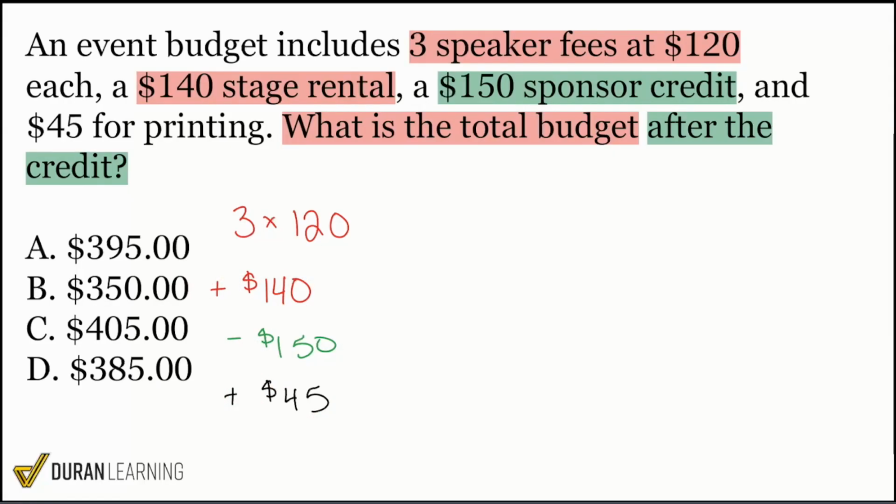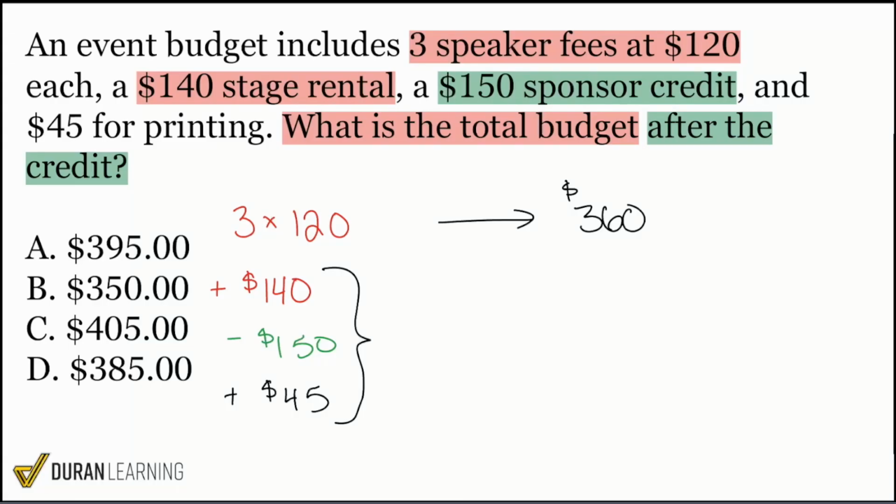So first and foremost, everybody, when we perform 3 multiplied by 120, what is that going to give us? 3 times 120, that's going to give us 360. Right on. Now from there, let's take a look at this. We have $140 minus 150 plus 45.